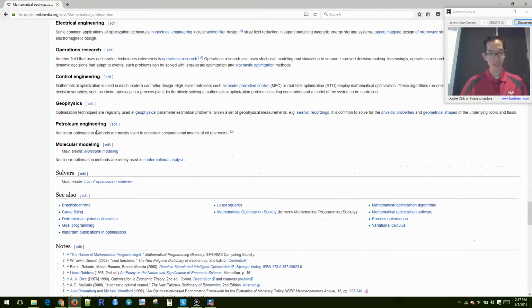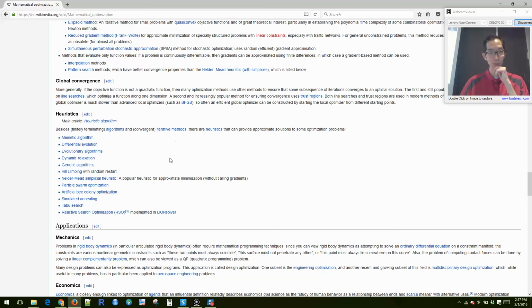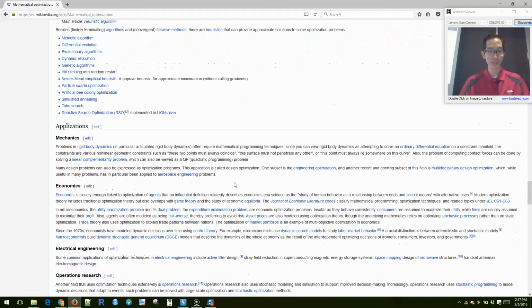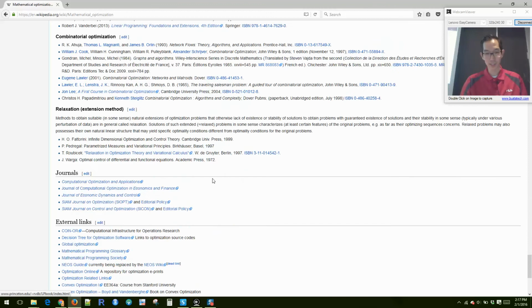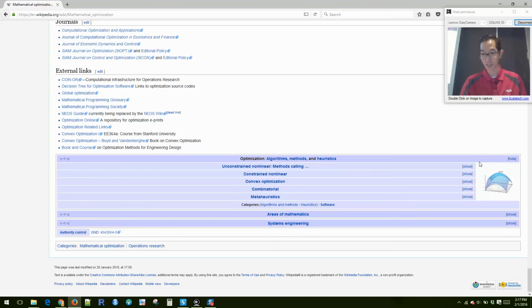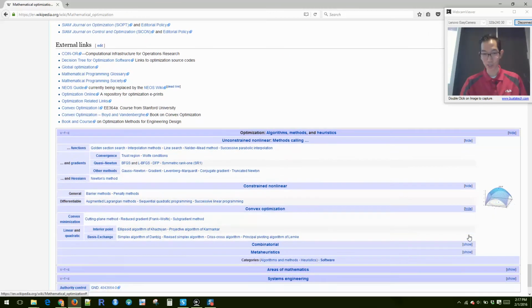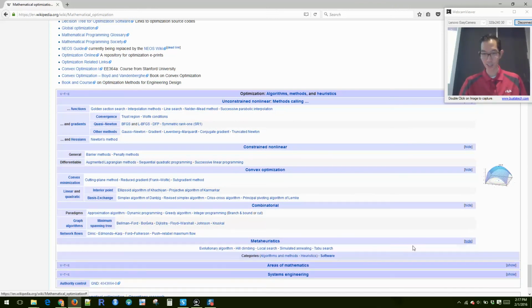Last quarter, if you were in my 102A class, I talked about the Nelder-Mead simplex algorithm, where you take a triangle, a simplex, and look at all of this. This is all under the topic of optimization.